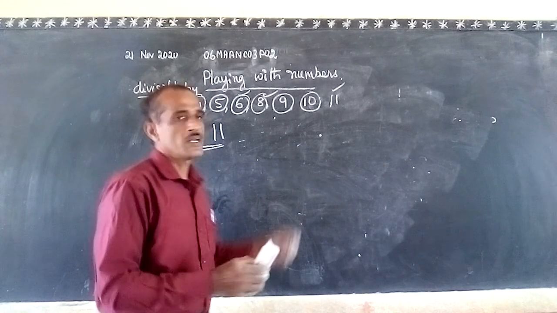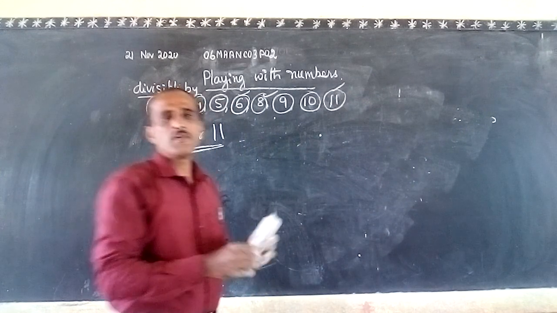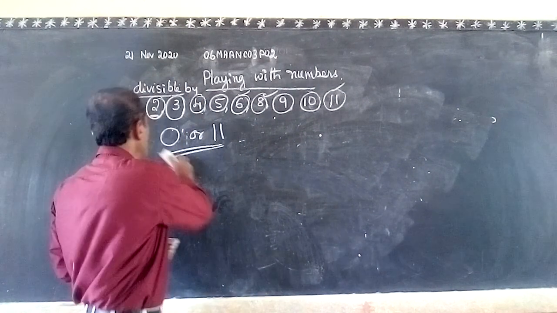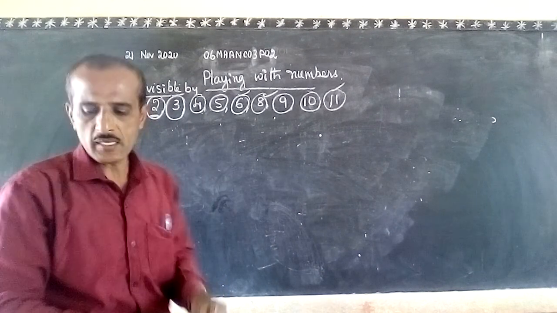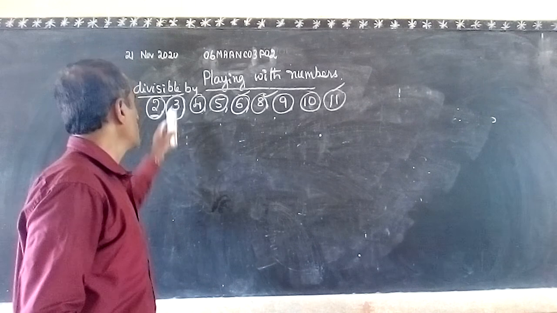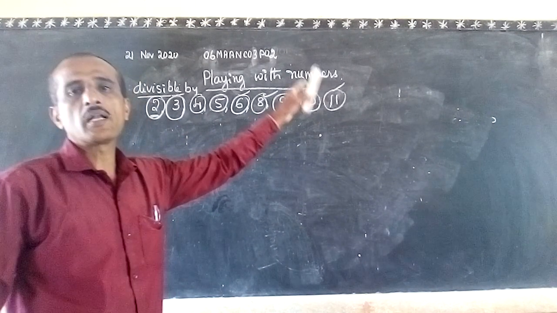Okay, so that is very simple. So here today we have learned how to search whether a number is divisible by 2, 3, 4, 5, 6, 8, 9, 10, 11 completely or not.